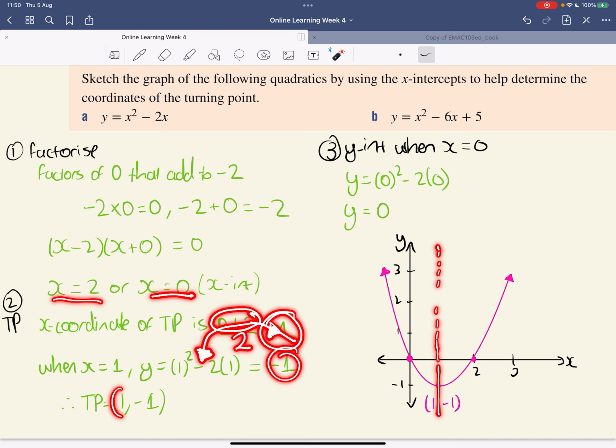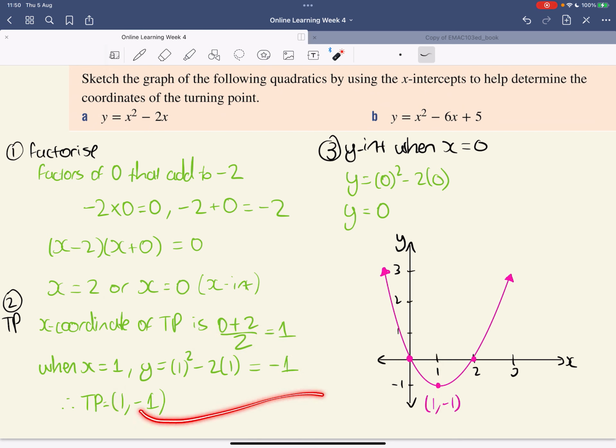You get it, and then you've got your x and y coordinates of your turning point. And then just sub 0 back into that same equation to get your y-intercept. Now in this particular case, it was 0, just like it was for the x-intercept, right? But sometimes it's not like that. And then graph it.